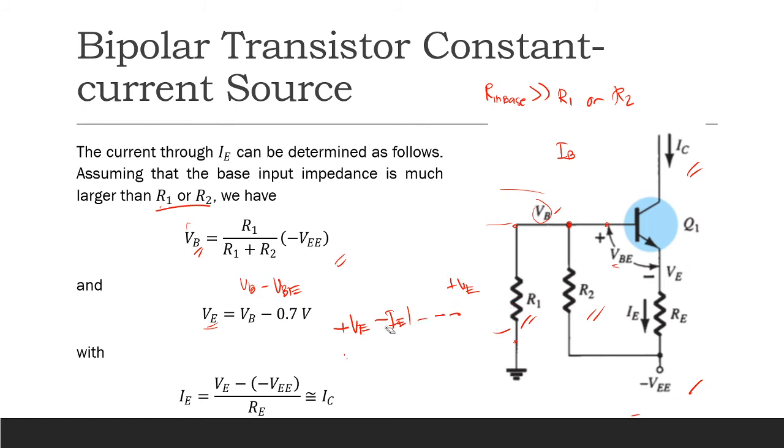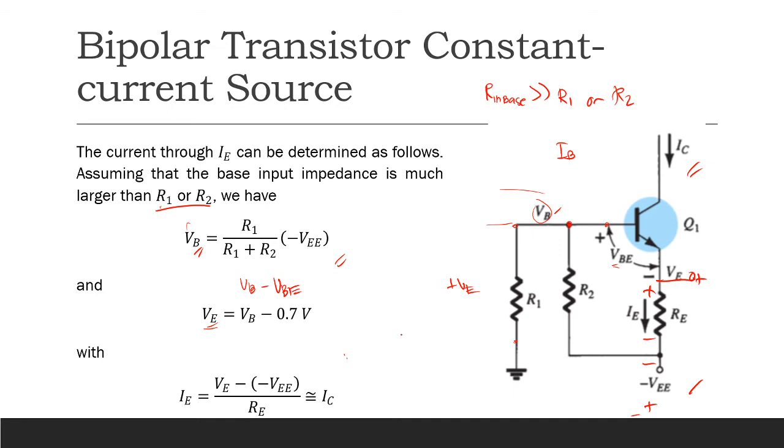Ayan, so maglo-loop tayo on that side. So we will have, kung meron ka dito, na node. So, positive yan. Positive, negative. Tapos, this is negative, positive. Ayan.